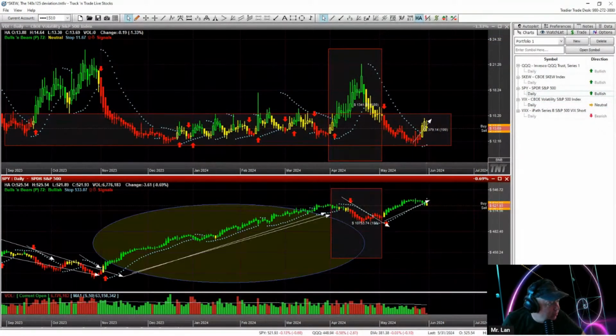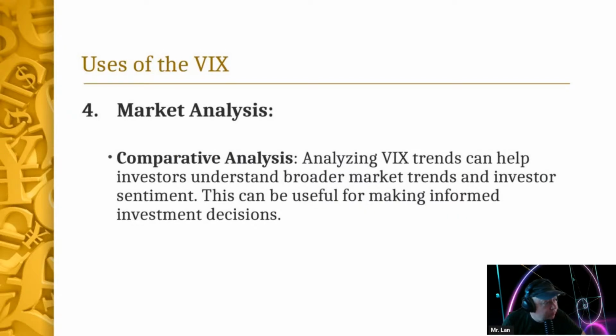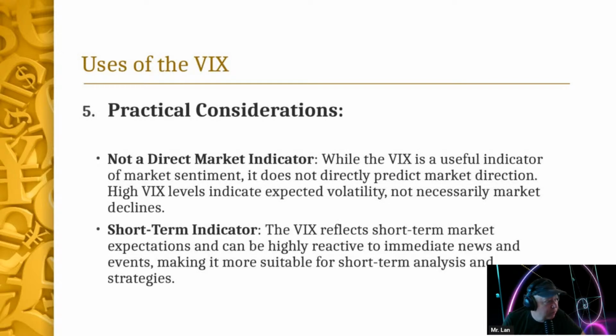We'll come back over to our little slide, and we've got one more here. Market analysis, comparative analysis. VIX trends can help investors understand broader market trends and investor sentiment. This can be useful for making informed investment decisions. Practical considerations: not a direct market indicator. While the VIX is a useful indicator of market sentiment, it does not directly predict market direction.